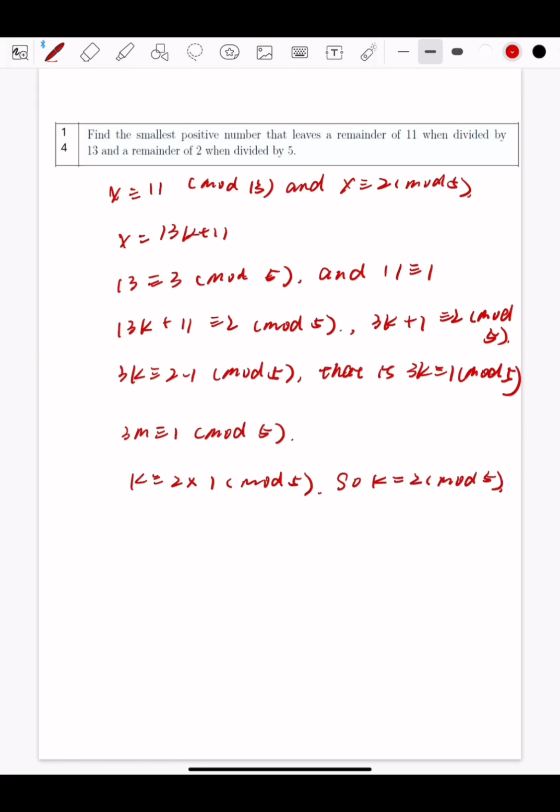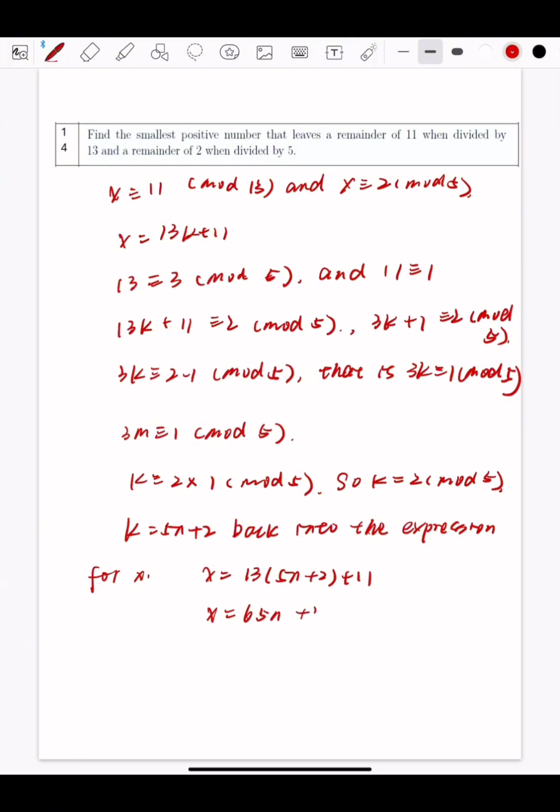And next, we can substitute the k and expand the expression here. We have x, another one. And find the smallest positive value of x when n equals 0 and x, we have 37.